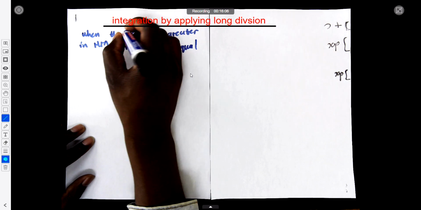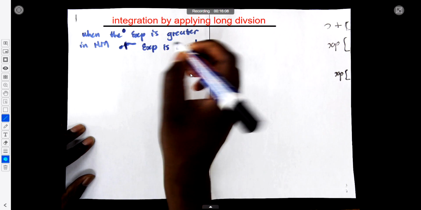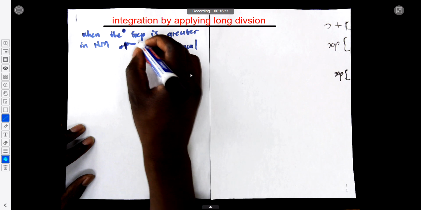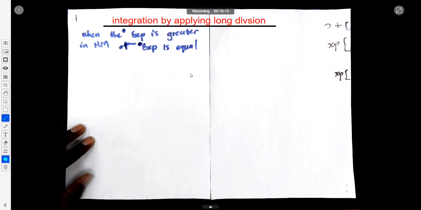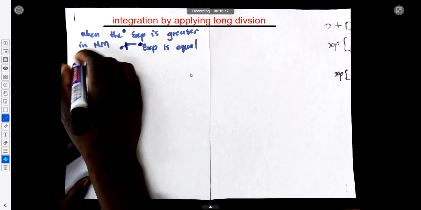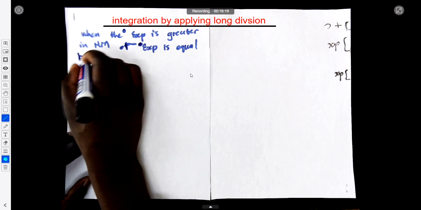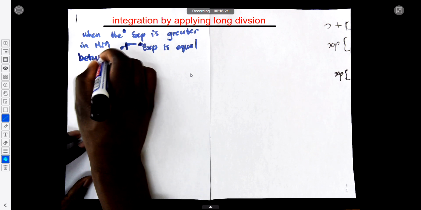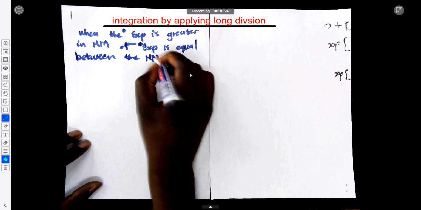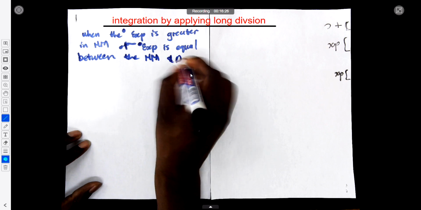Or when the degree of exponent is equal between the numerator and denominator.